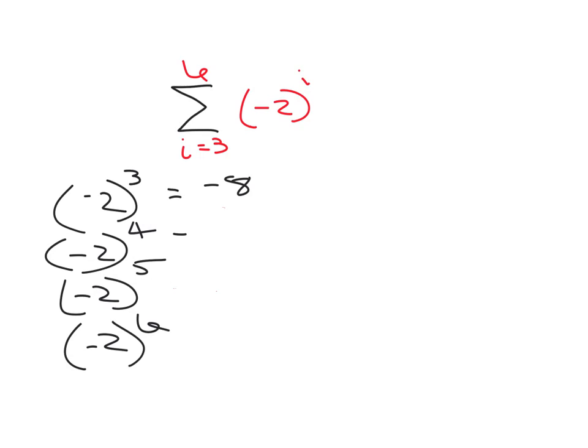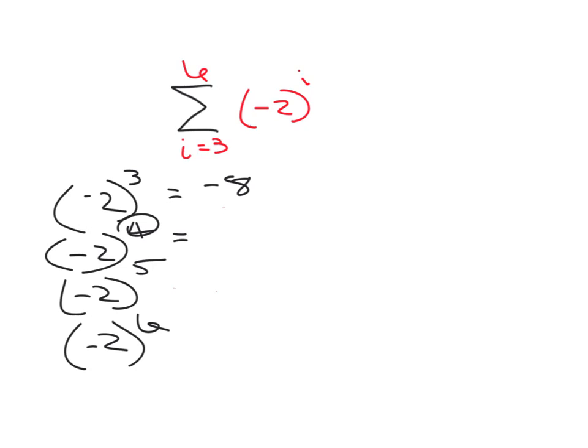Alright. Negative 2 to the 4th power. You don't even have to worry about multiplying with the negatives. Okay, this tells me when I have a negative sign in here, and you don't have to do it this way, but if this number is odd, your answer is going to be 2 times 2 times 2, which is 8, with a negative. If it's an even number, it's going to be 2 times 2 times 2 times 2, or whatever number this is, and then it's going to be a positive.